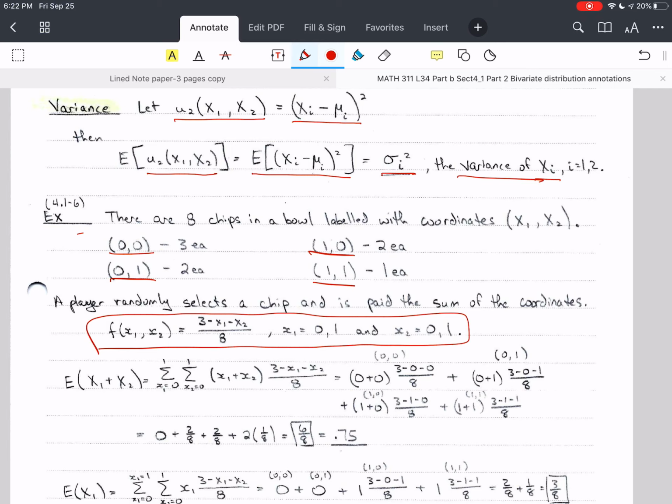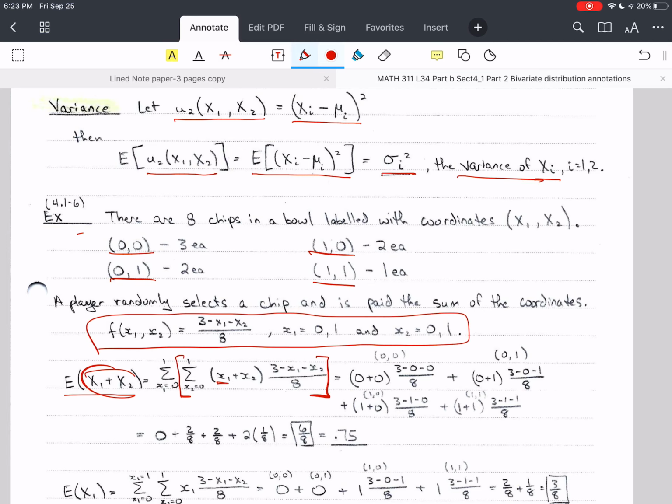So if I want to find the expectation of x1 plus x2, then I take this function times the PMF and I sum over the values of x1 and over the values of x2. Now, I could do this as a sum within a sum. In other words, I could operate on this summation here and leave x1 just as x1 and plug in for x2.